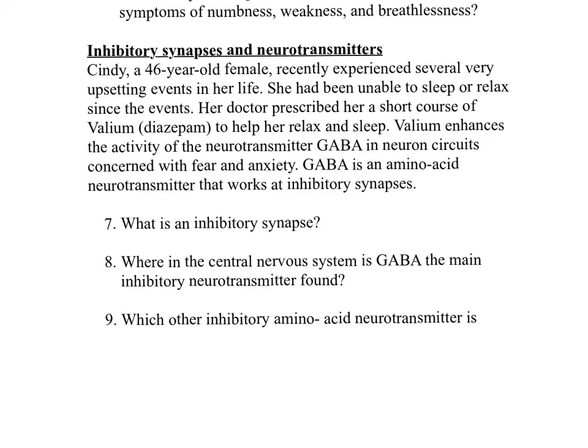Her doctor prescribed her a short course of Valium, otherwise known as diazepam, to help her relax and sleep. So Valium enhances the activity of the neurotransmitter GABA in the neurons, and especially neurons that deal with fear and anxiety. So GABA is an amino acid neurotransmitter, and it works at inhibitory synapses.